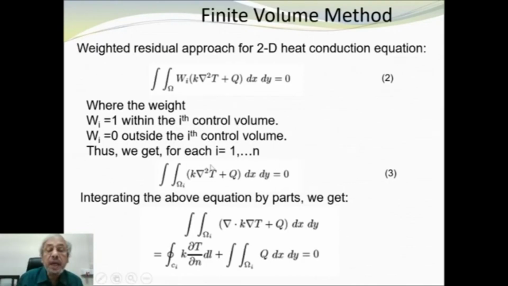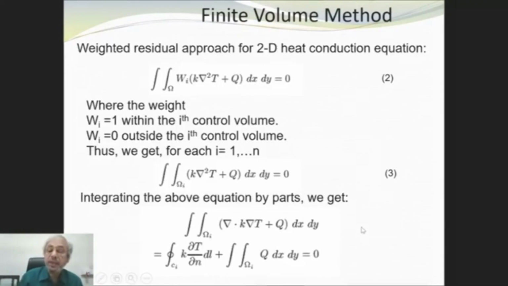This equation can be integrated using integration by parts, and then we can write this term, the integral within the domain omega i, as the line integral k del T by del n dl, plus again the integral over omega i of Q dx dy. Q is the heat generation rate.